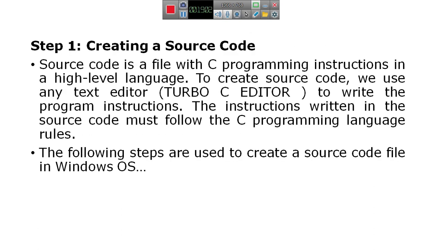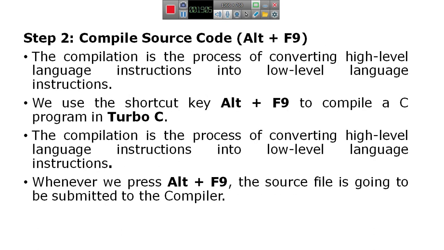Now, the second step, compiling the source code. Compilation is the process of converting high-level language instructions into low-level language instructions, that is, machine code.